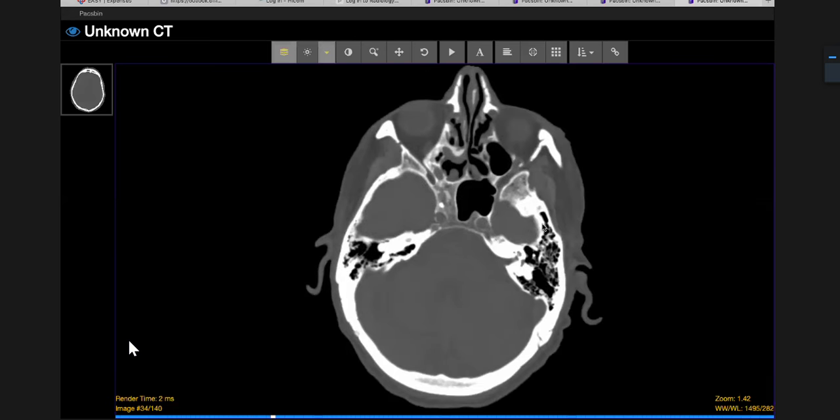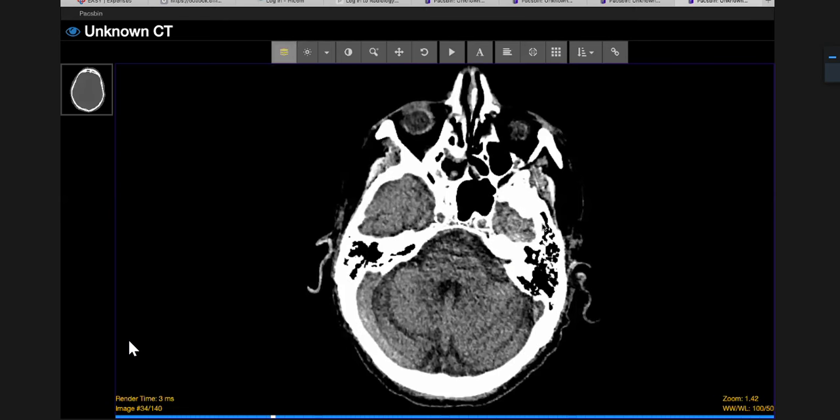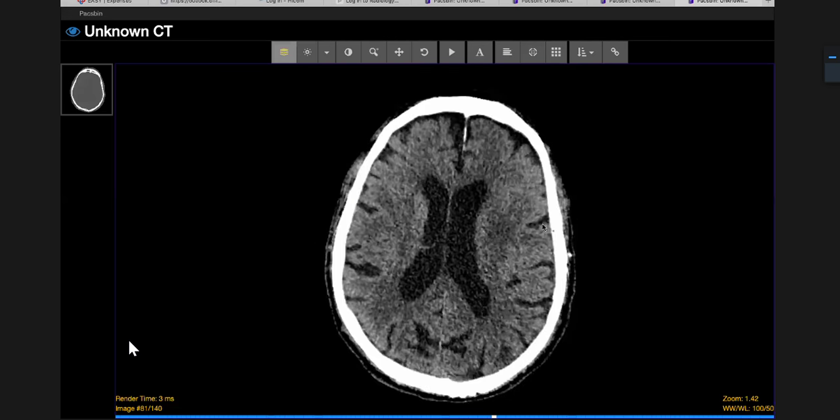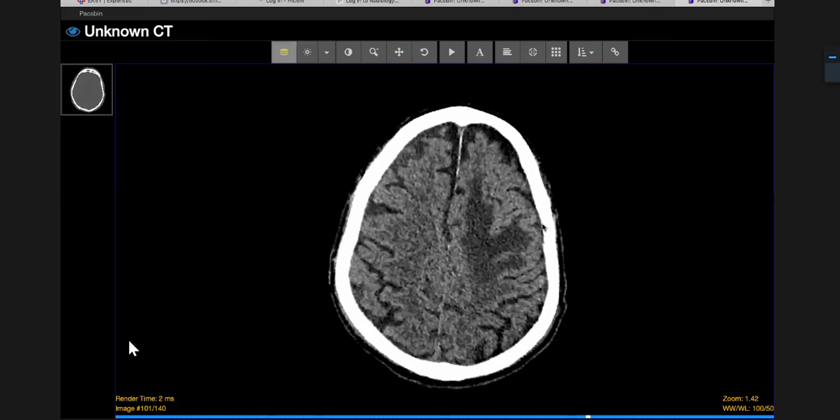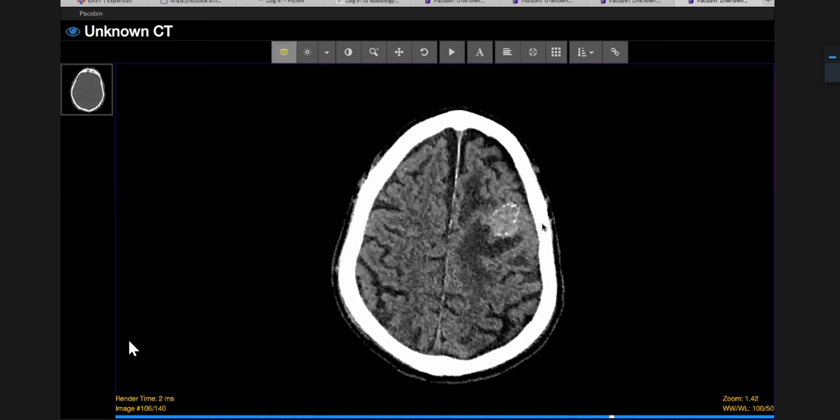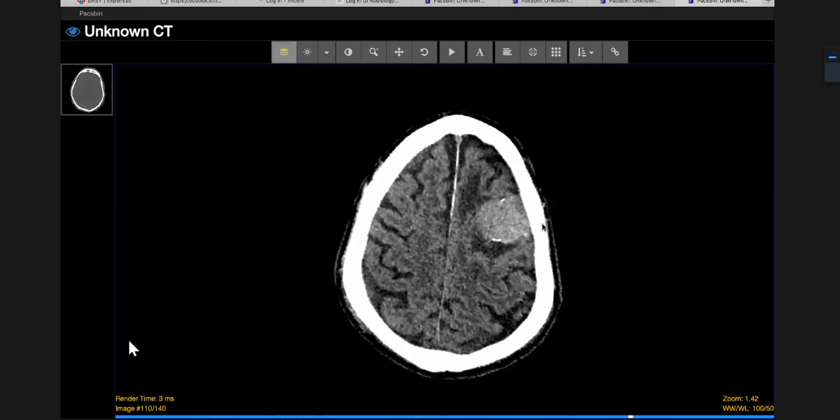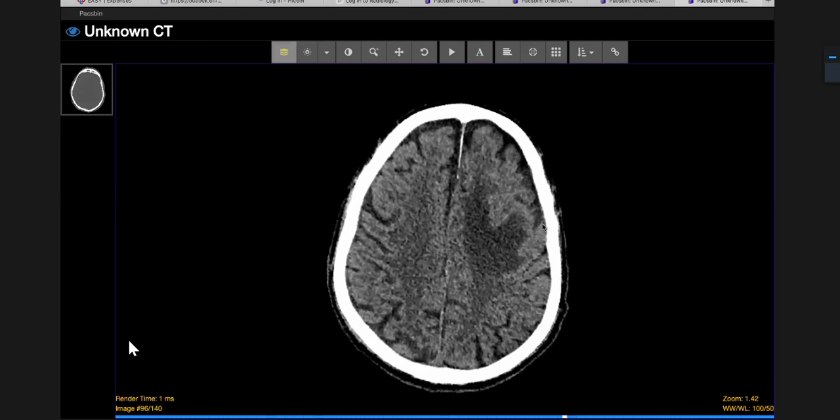Okay. So this is an axial CT of the brain in a soft tissue window right now. What caught my eye immediately is this hypodensity in the left frontoparietal area.